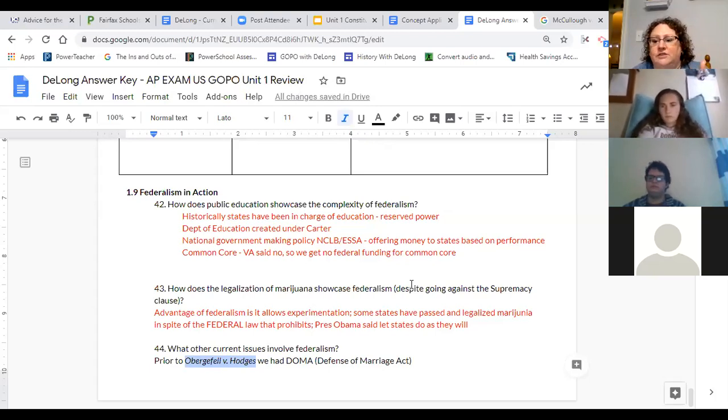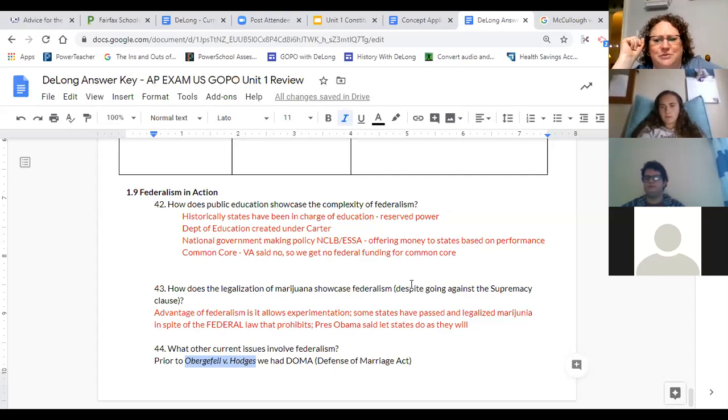So prior to Obergefell versus Hodges, this was an argument because of the full faith and credit clause. And this is one where people, can you imagine this? You ready? People in America were hypocritical. For example, this is my favorite one. People who are opposed to same-gender marriage for religious reasons did not have any problem with, say, Virginia recognizing common law marriage from Georgia.